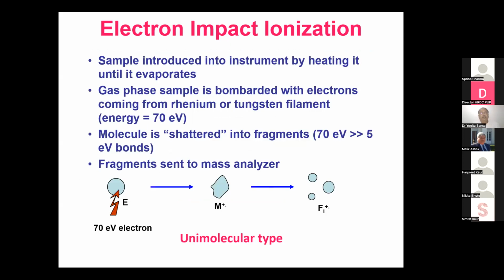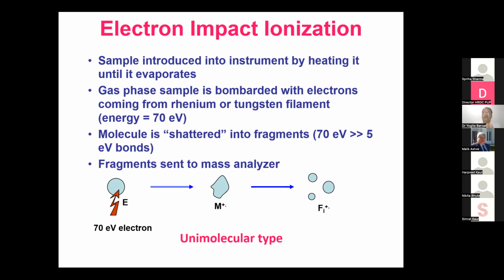Now, how does electron impact ionization work? In this case, the sample is introduced into the ionization chamber, a part of the instrument, by heating it until it evaporates. So we have to convert the sample from solid to vapor phase.